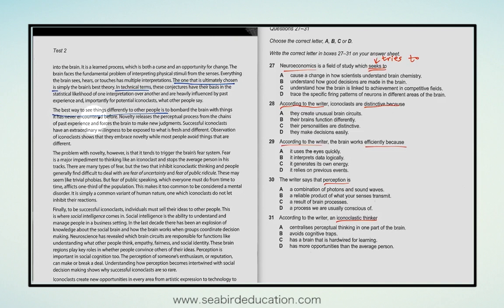Remember things that it's never encountered before. But the problem is it tends to treat the brain's fear system. Okay, finally, social intelligence comes in. So it is other people.